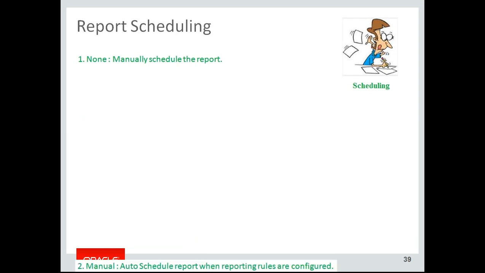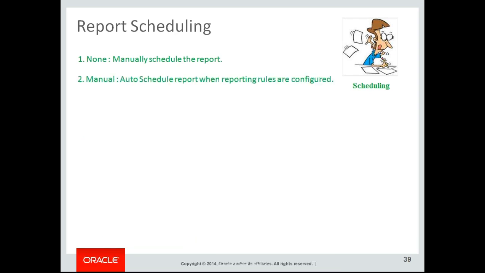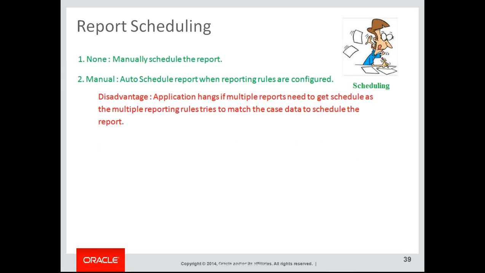Okay, then auto schedule report by reporting rules that are configured. The disadvantage of this is that the application hangs if multiple reports, maybe 100 or 200 or 300 reports, need to get scheduled, as the multiple reporting rules try to match the case data to schedule the report.